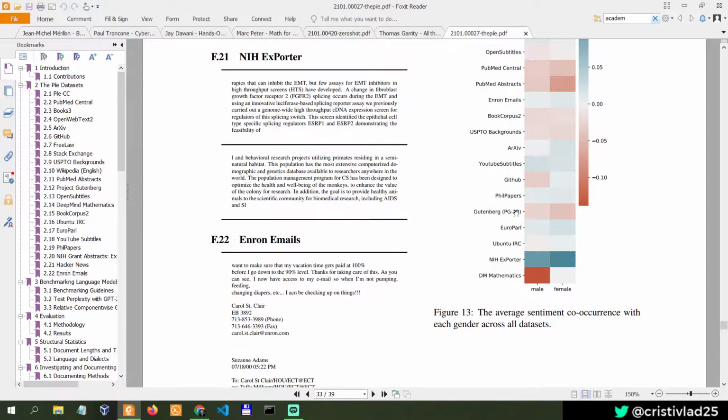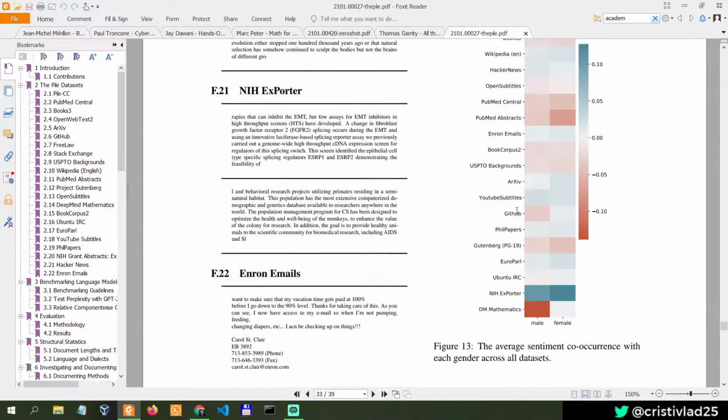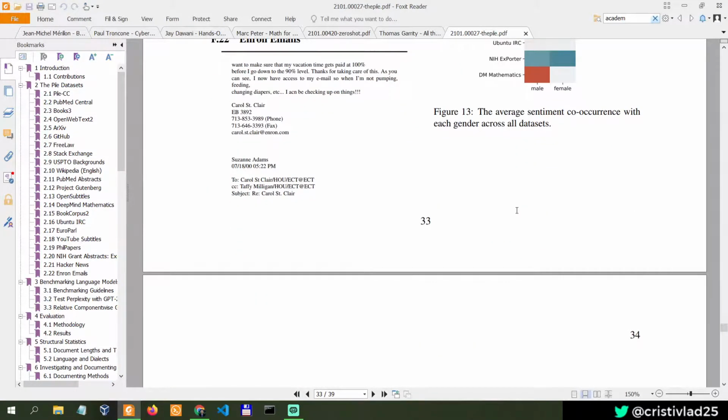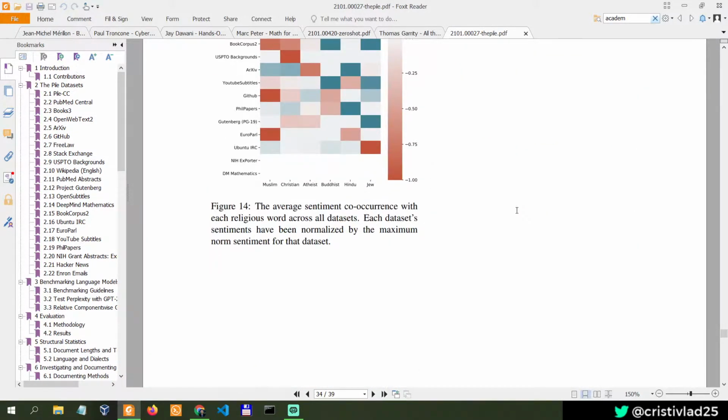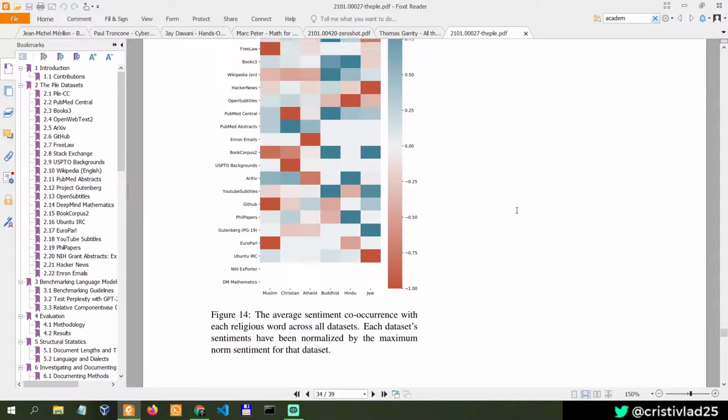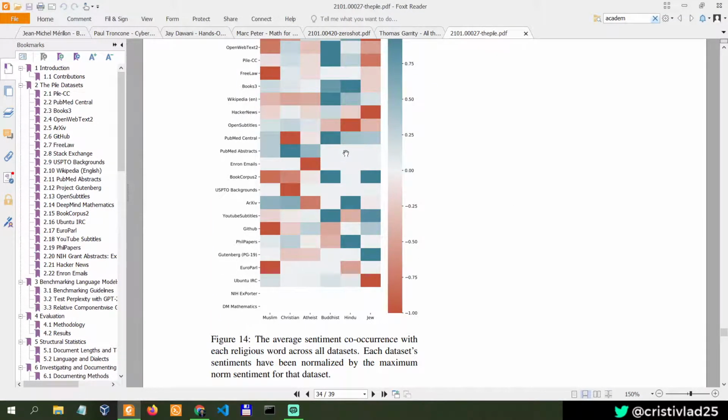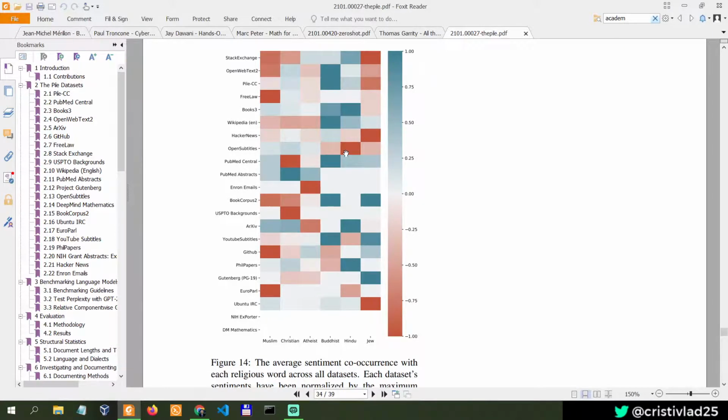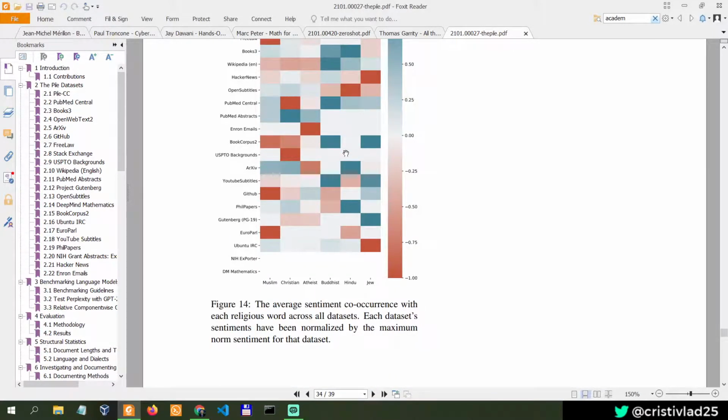Now here's some sort of a bias, I guess. More bias when it comes to religion. Sentiment co-occurrence.